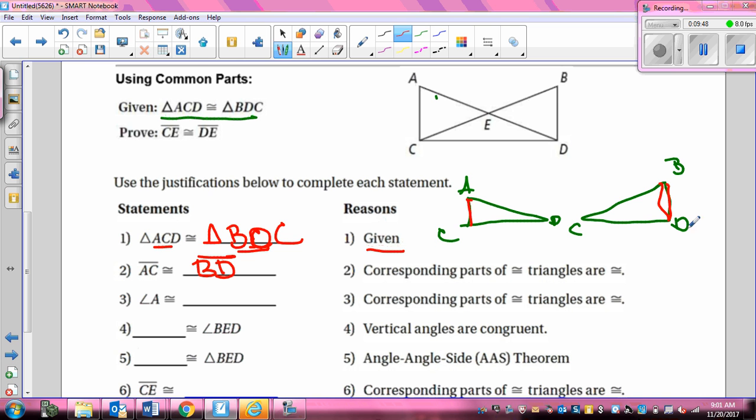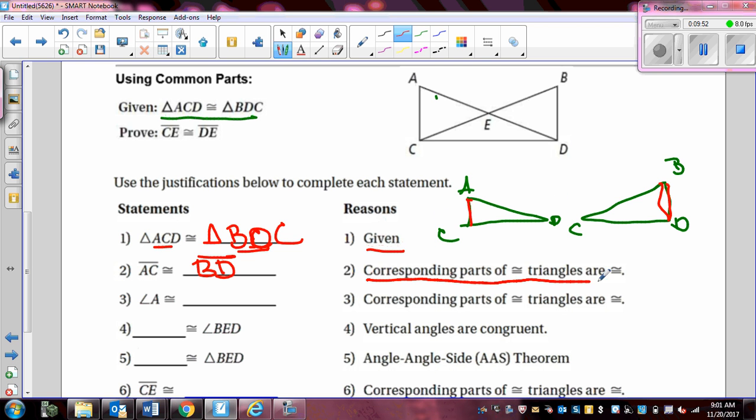The corresponding sides, in this case, are congruent by CPCTC. This is CPCTC: corresponding parts of congruent triangles are congruent. And we can prove that angle A, the first one, has to be congruent to the first one, which is angle B, because of CPCTC also.